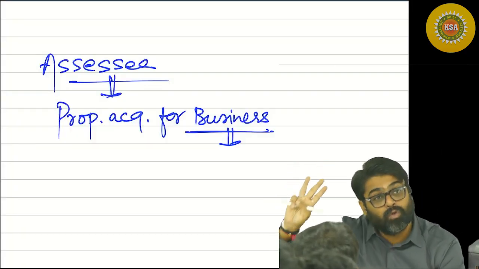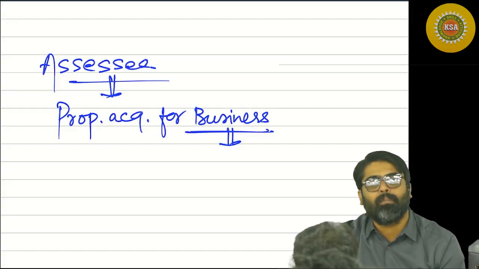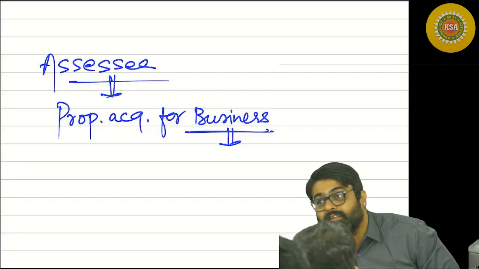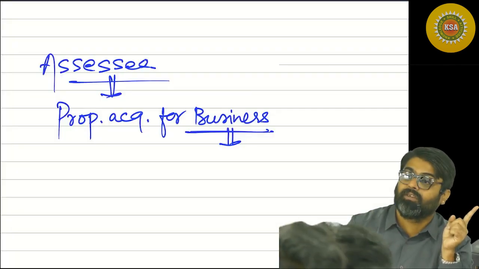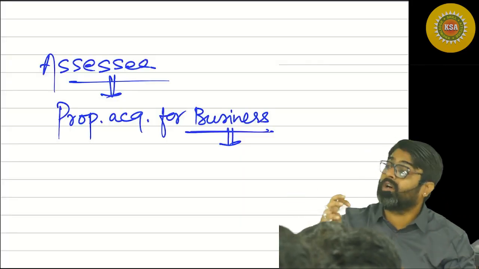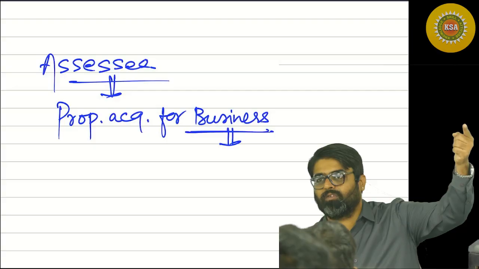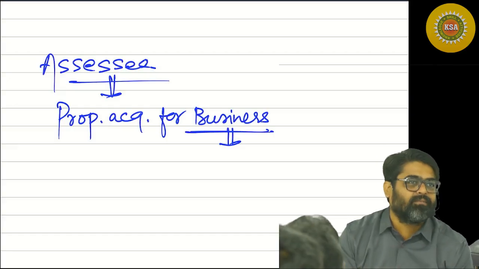Yes. Are you using that property for your business? No, use is not happening. It is your stock. This property is not used in your business, this property itself is your stock. Then the earlier discussion was applicable. Getting my point?